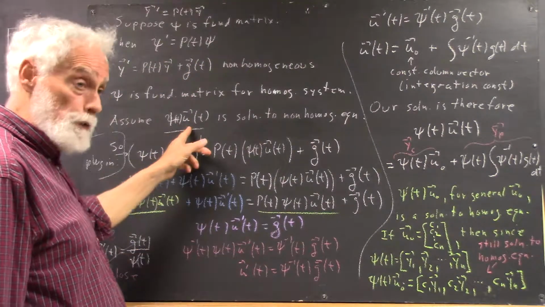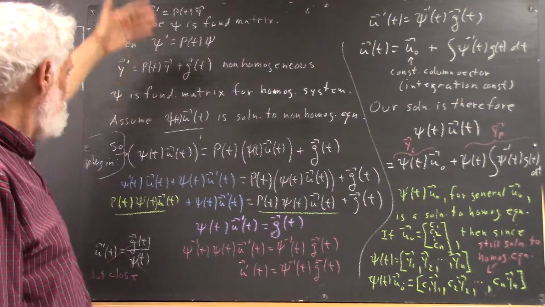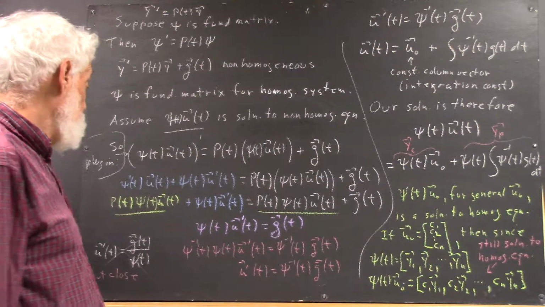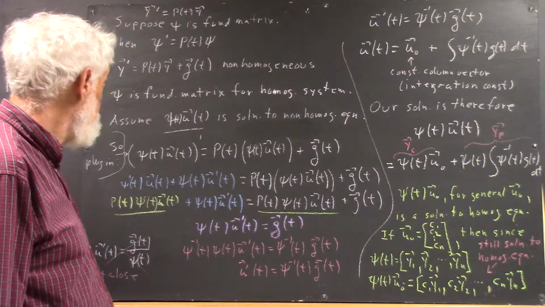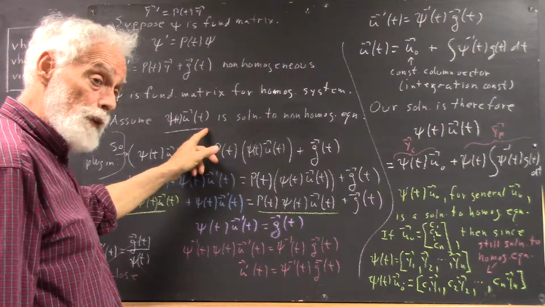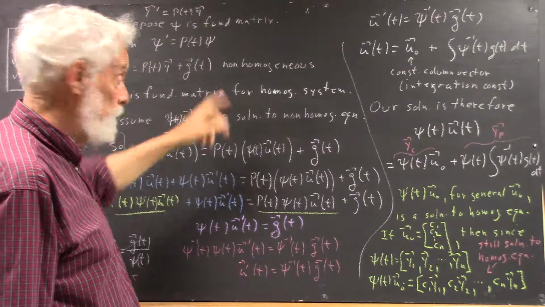If we do, then we'll have a solution to the whole system, which gives us our g of t.